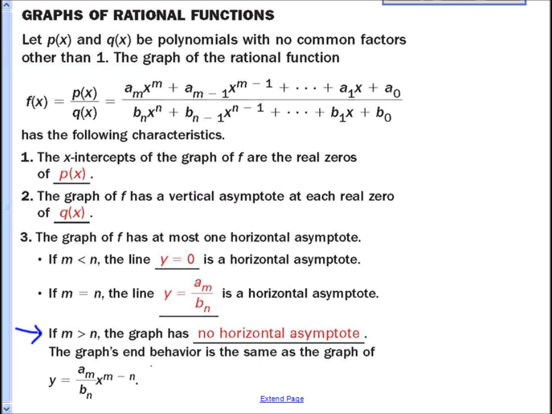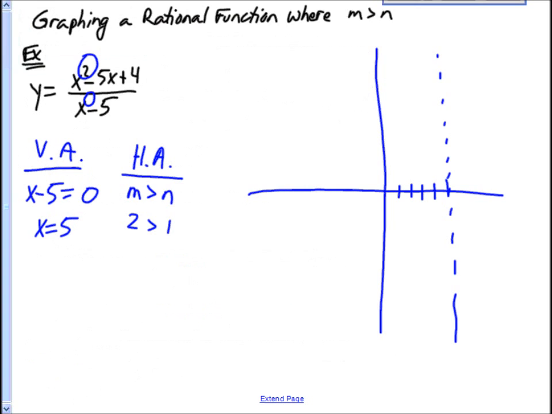So this is important to know that the end behavior is the same as that graph, okay? Which is taking your coefficients right here, x to the m minus n. So that's kind of what it behaves like at the extremities, okay? All right, so let's go back to this. So I say, well, there's no horizontal asymptote.